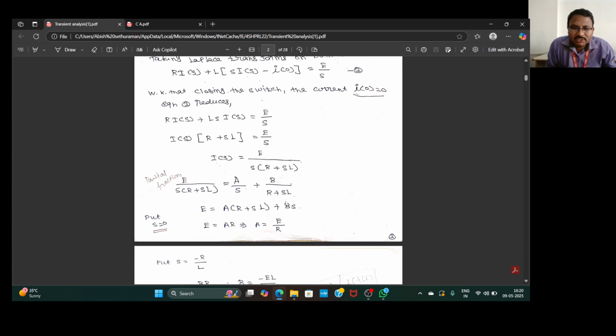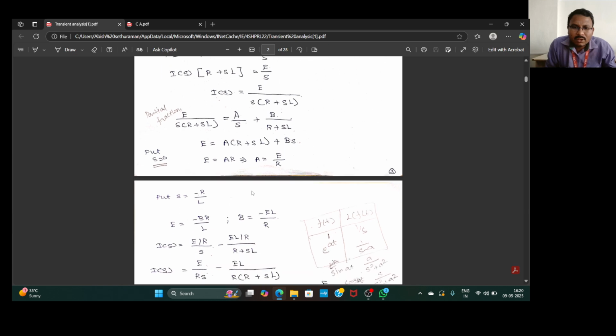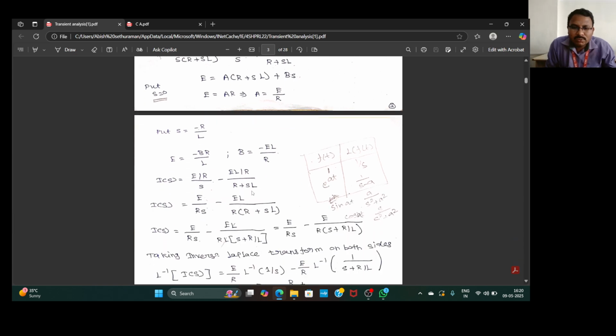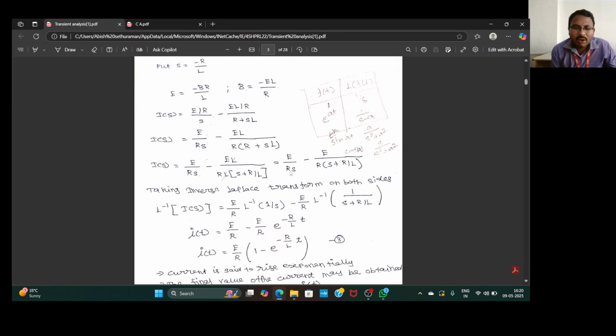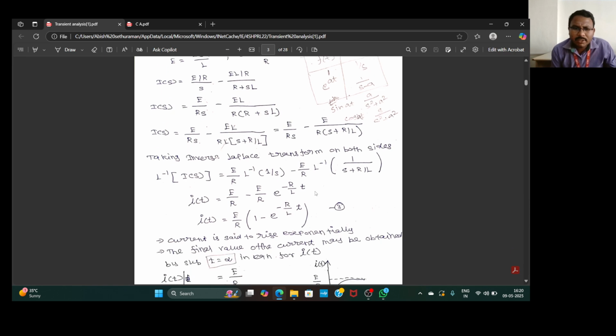Now taking partial fractions to obtain the A and B values, we get I of S equal to E divided by RS minus E divided by R of S plus R divided by L. Now taking the inverse Laplace transform on both sides, I of S is converted into I of t, which equals E by R minus E by R e power minus R divided by L into t.